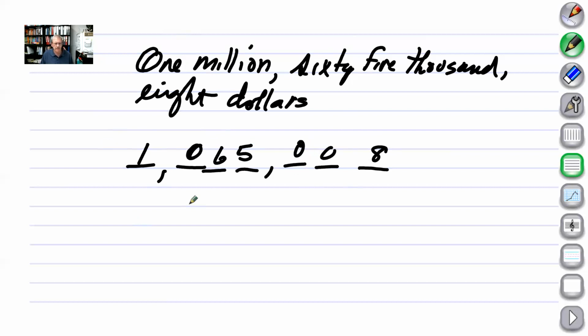So 1 million, 0, we don't want to write just 65. Make it a little bit nicer so you can read it. And 8. And we want to call it dollars, so we'll put the dollar sign in the front. So $1,065,008.